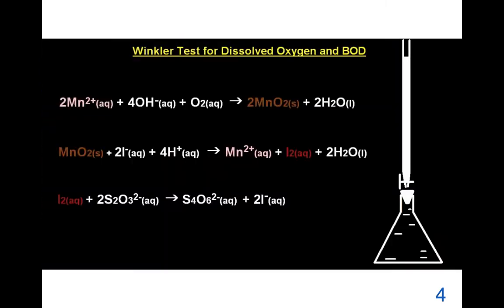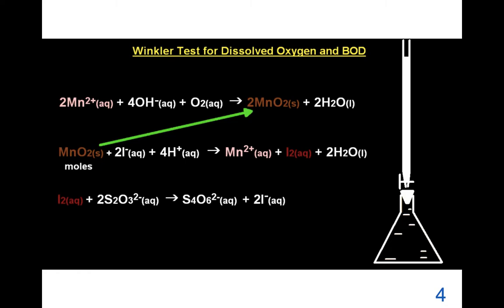Okay, so these are the 3 equations. You won't be asked to remember them, but you'll be asked to use them. So if I know the concentration of the sodium thiosulfate, and I know the volume of sodium thiosulfate I've used in my burette, I know the moles. If I know the moles, I can work out the moles of iodine. And if I know the moles of iodine, I can work out the moles of manganese 4 oxide.